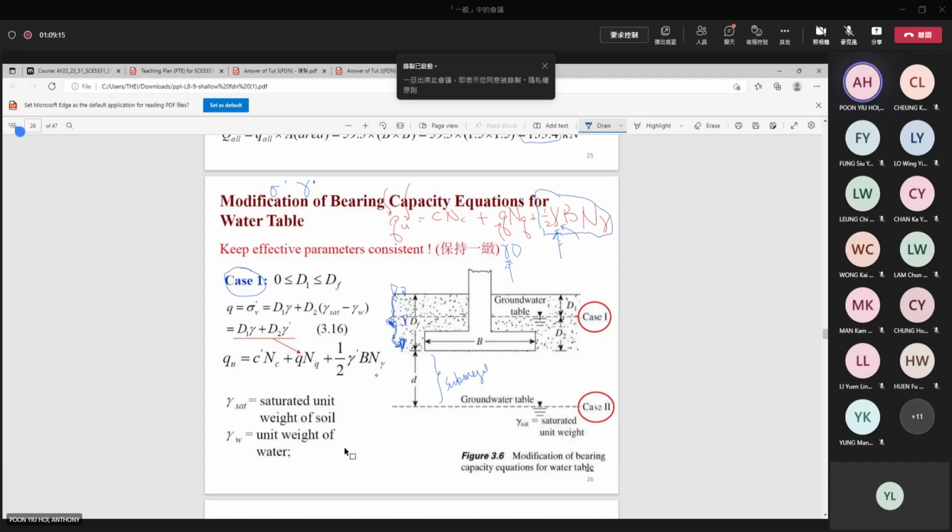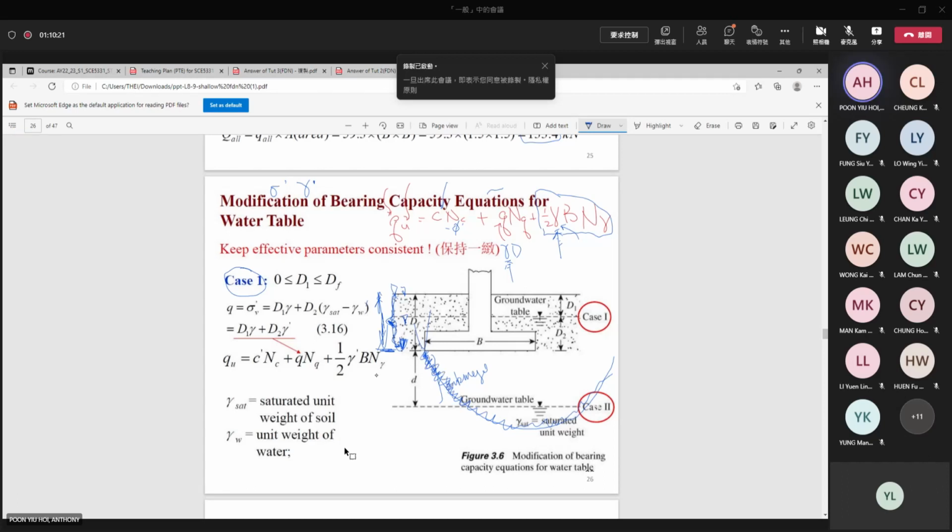Do you remember what these 3 terms mean? This is the cohesion. Water has no effect on this, because there is nothing inside, and this is related to the friction angle. Water has no effect on the cohesion, but water affects these two, because of the density. Do you remember what the 3 terms mean? Cohesion, overburden, and the overburden is this term. And this one is the frictional slip, meaning that we assume a slip surface below the foundation. Remember, this slip surface is actually below the foundation. Okay? So for case 1, the water varies from here to here, but below the foundation is actually always saturated.